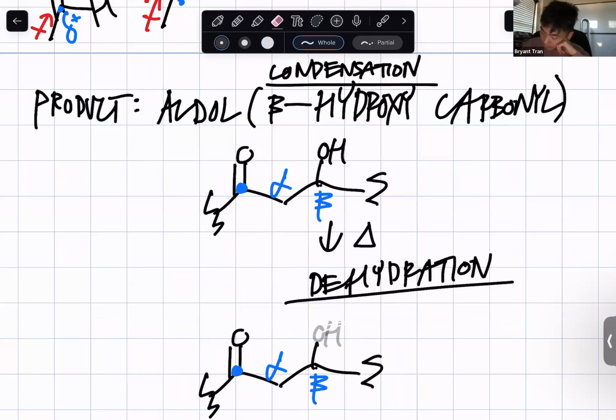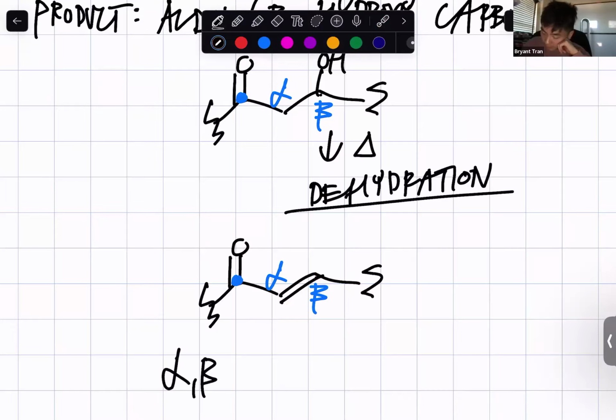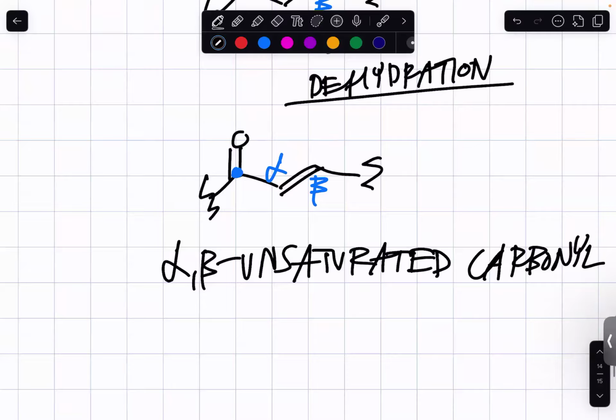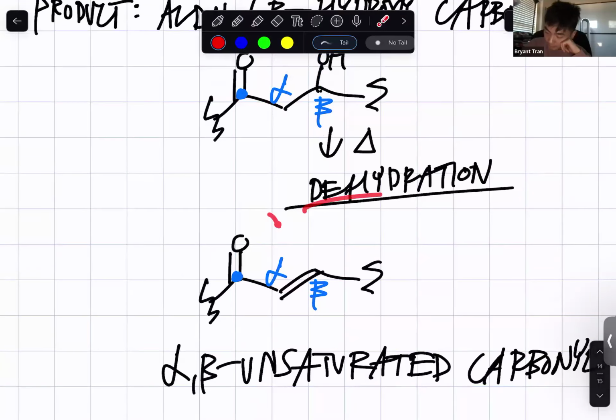So there will be no more alcohol on the beta carbon, but there will be a double bond between the alpha and beta carbon. Because there is an unsaturation, or double bond, between the alpha and beta carbon, we call this an alpha beta unsaturated carbonyl, like that. And that's with dehydration right there, which is the aldol dehydration product.